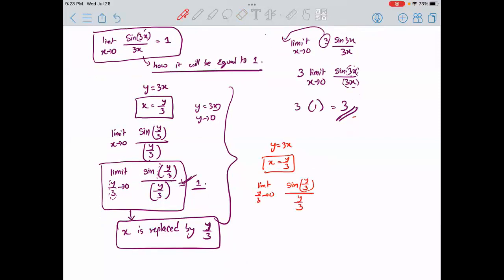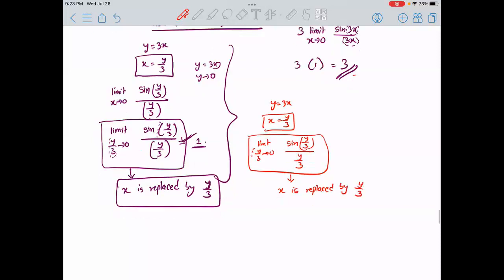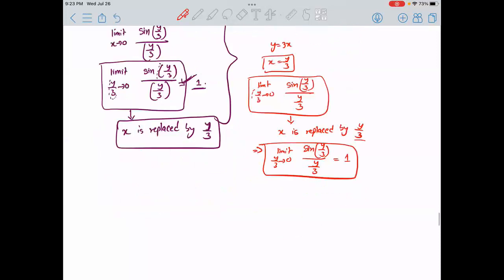So here, x is replaced by y by 3, so you can simply say that limit y by 3 tends to 0 of sin(y by 3) divided by y by 3 equals 1, because just x is replaced by y by 3, nothing more than that. Okay?